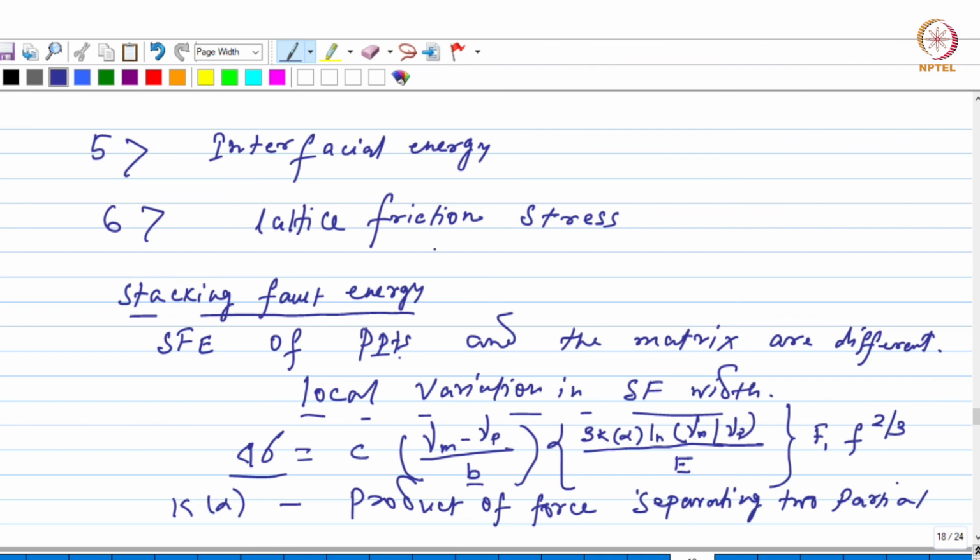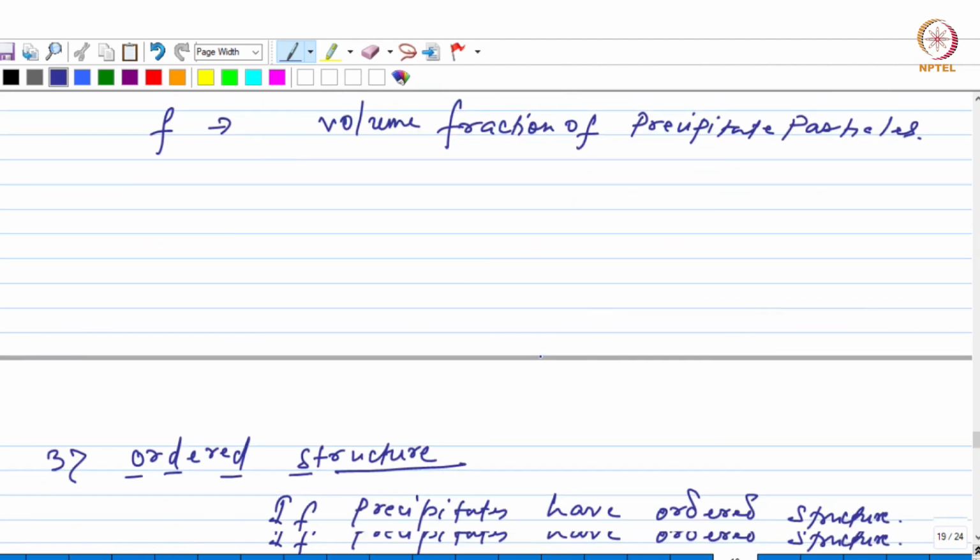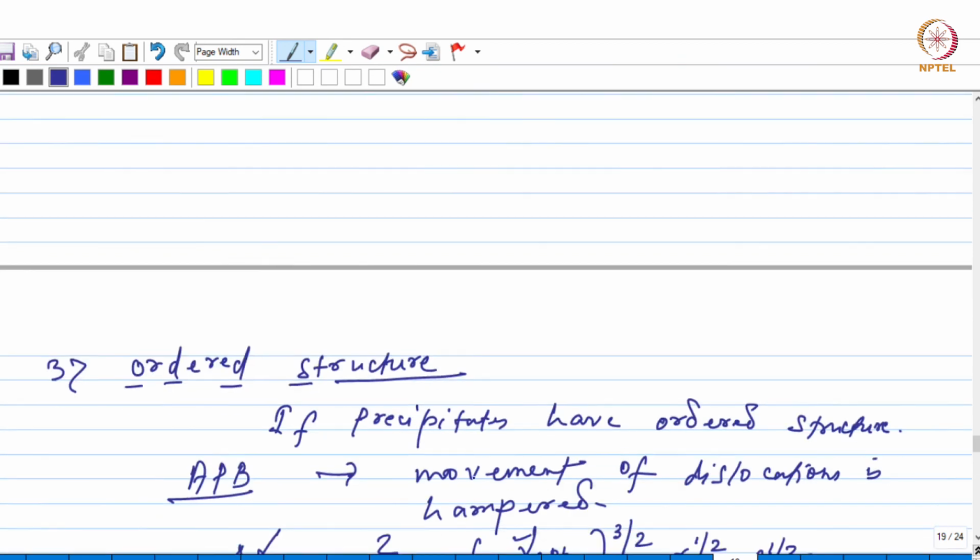So these were the 6 different mechanisms of strengthening that we discussed today. And apart from that, we have also discussed the overaging period, as to what happens when you age the material beyond the peak aging time, when you have already got the maximum hardness. If you continue to age beyond that, what will happen? That is also what we have discussed.